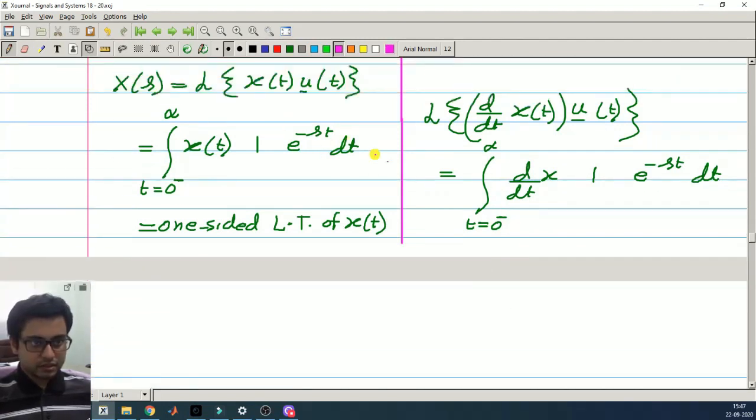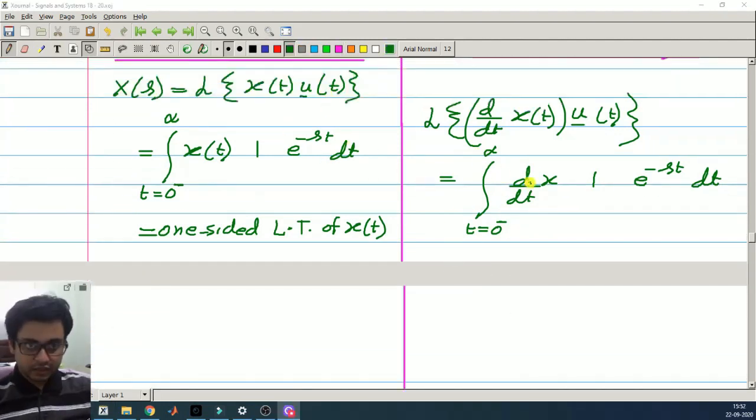Then okay, let us solve this, and let me do this integration by parts, taking this as the second term and this as the first term.